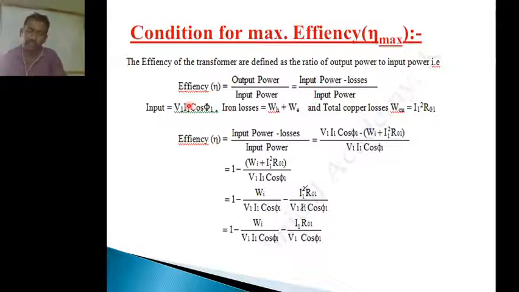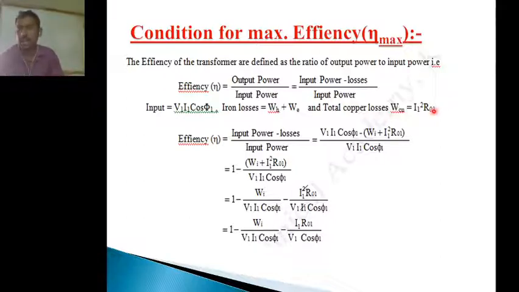So input equals V1 I1 into cos phi 1. Then iron loss is equal to hysteresis losses and eddy current losses. Then the total copper loss is equal to the I square R losses, I1 square, and we write the total equivalent resistance, that is R01, which is nothing but R1 plus R2 dash, that means R1 plus R2 by K square.